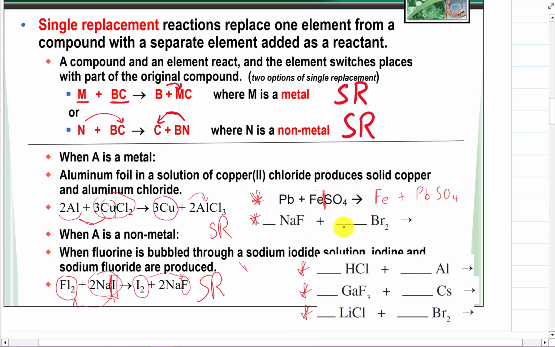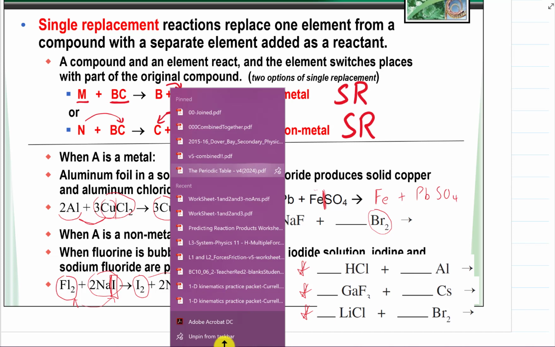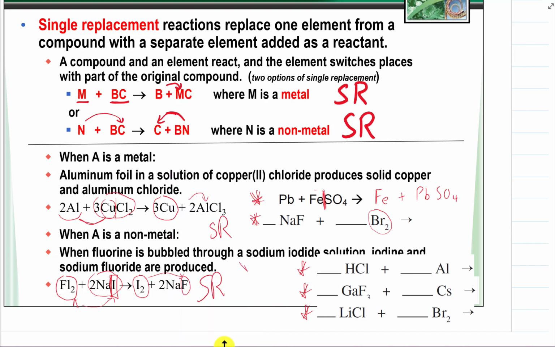Okay, let's take a look at this. NaF and Br. Br is our single element. And that is what? Is that a nonmetal or a metal? Anyone? Non-metal or not metal? It's a non-metal. And where would you find that out? You'd find that in the periodic table.